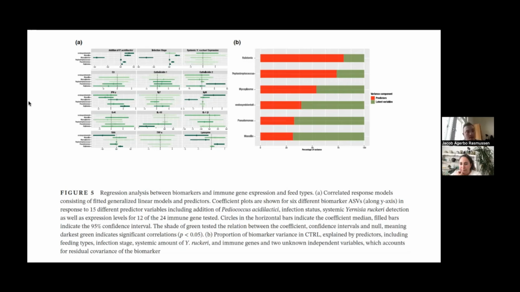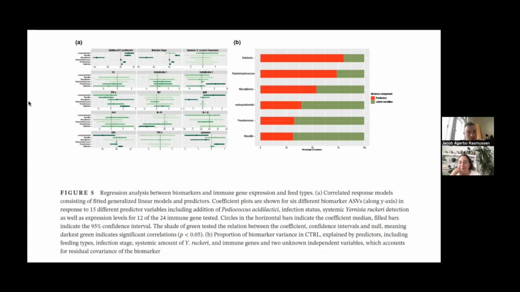Definitely. And one thing, at least to my surprise, was that it's not a surprise in itself that of course when you feed rainbow trout in this case differently, there will also be different bacteria in the gut, right? So of course you also need to take that into account when you do your biomarker search.